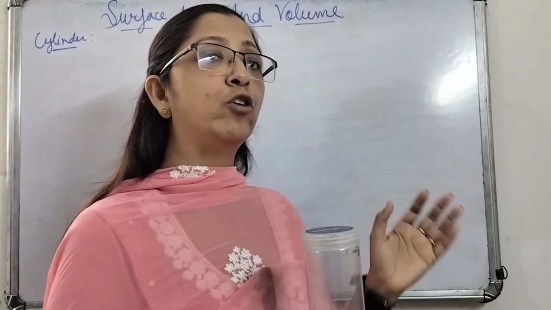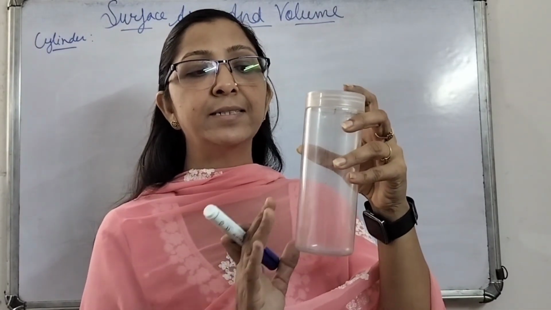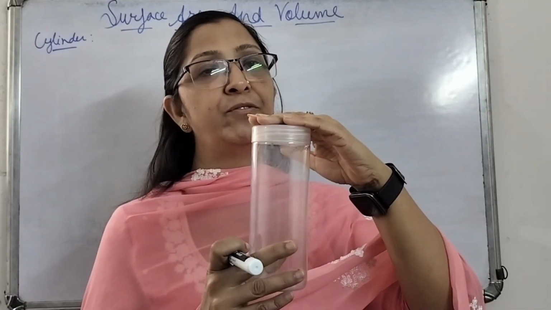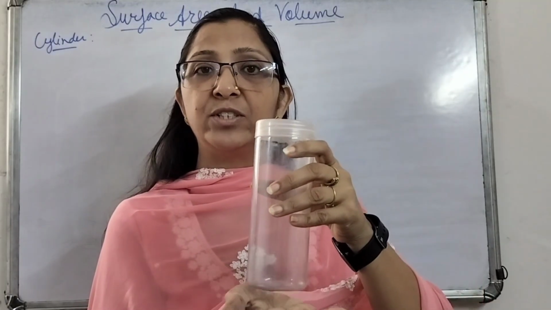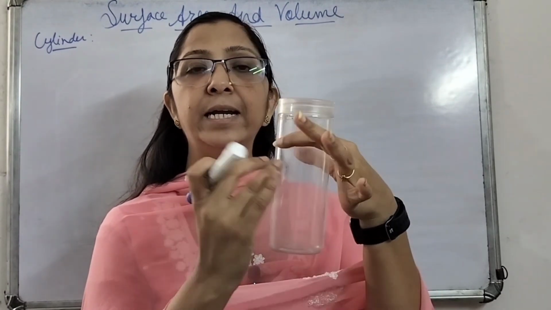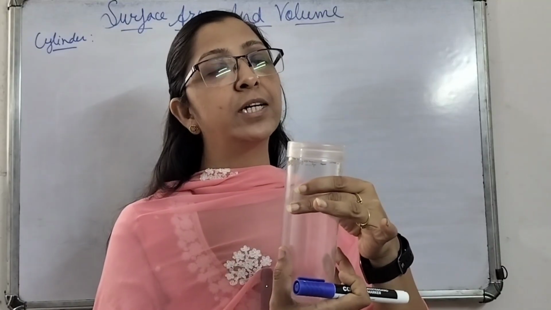All faces of a cuboid were flat faces, but here a cylinder has two flat faces. This is the topmost face, which is circular and flat, the bottommost face, which is also circular and flat, and this is the curved face. So a cylinder has three faces, two flat faces and one curved face.